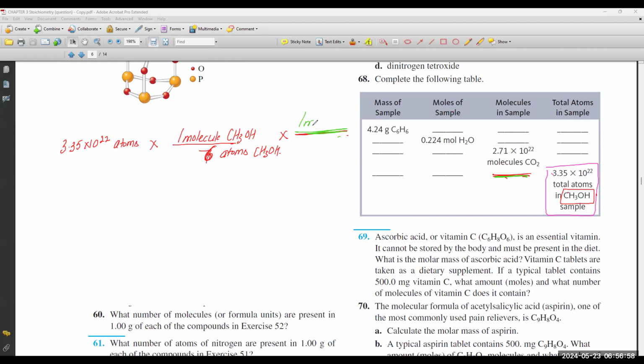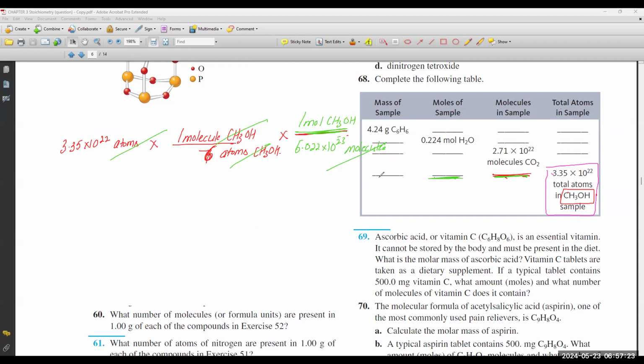Yes, 1 mole of CH3OH is Avogadro's number of molecules of CH3OH. Molecules cancelled. And plug in the answer here. Take care of the units.